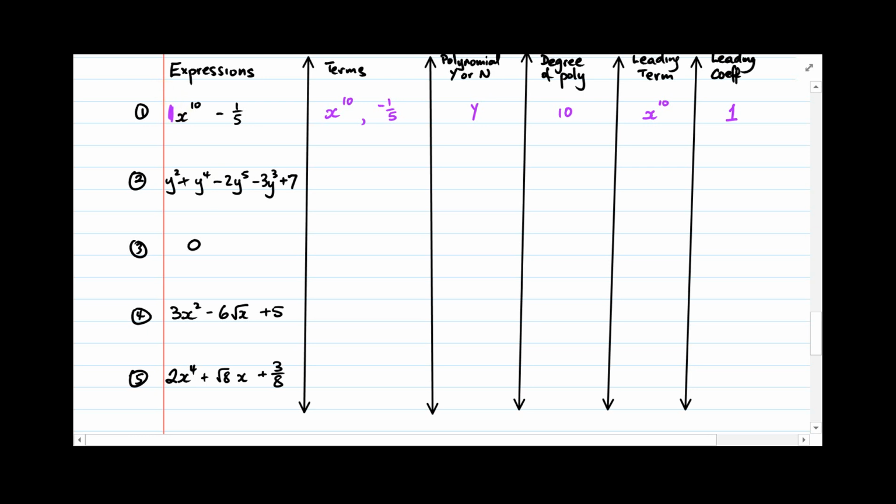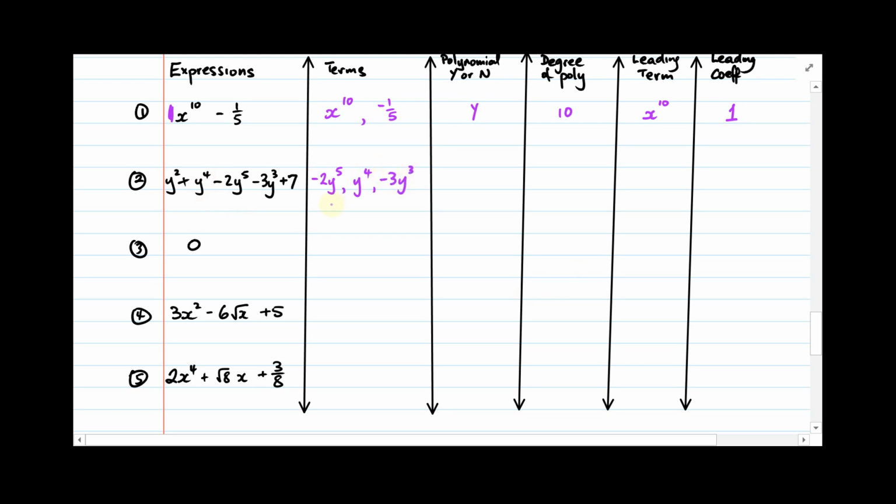If we look at the next, number 2, it is not in order. You don't really need to, but if you wanted to put them in order, I'll put them in order as I write the terms. So the terms are -2y to the 5th, that's the highest degree term. Then I'd have +y to the 4th. Next I would have -3y cubed.